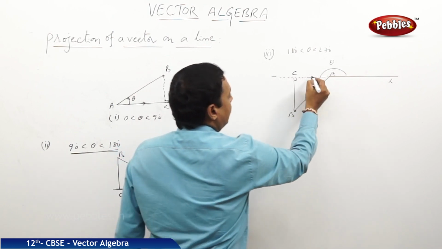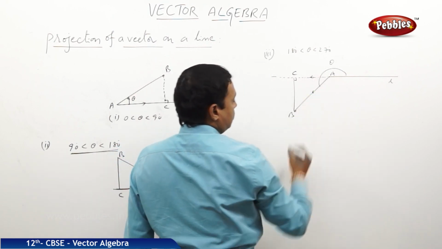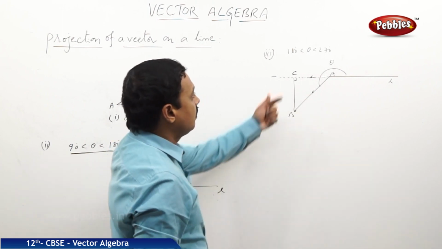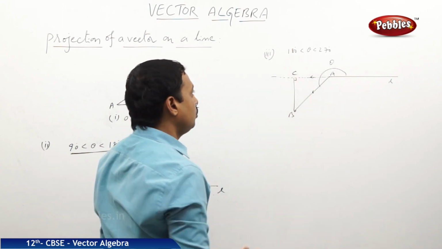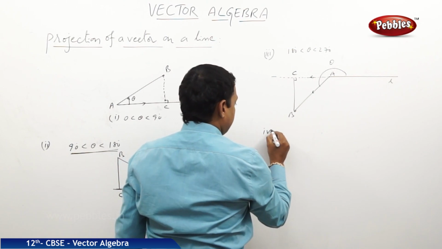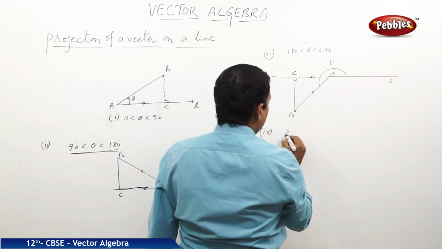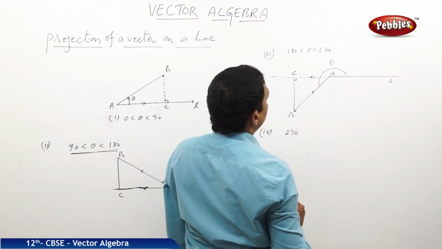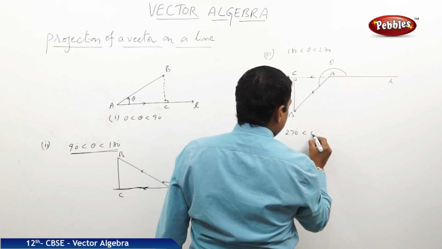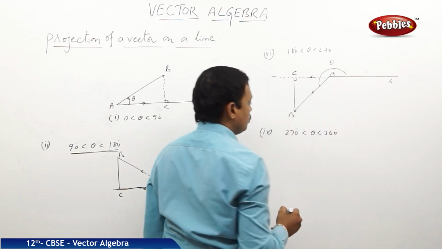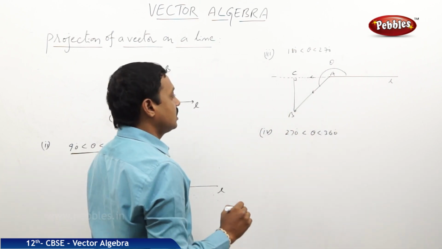Now here the vector AC is the projection of AB on line L when theta lies between 180 to 270. Suppose theta is in the region 270 less than theta less than 360.